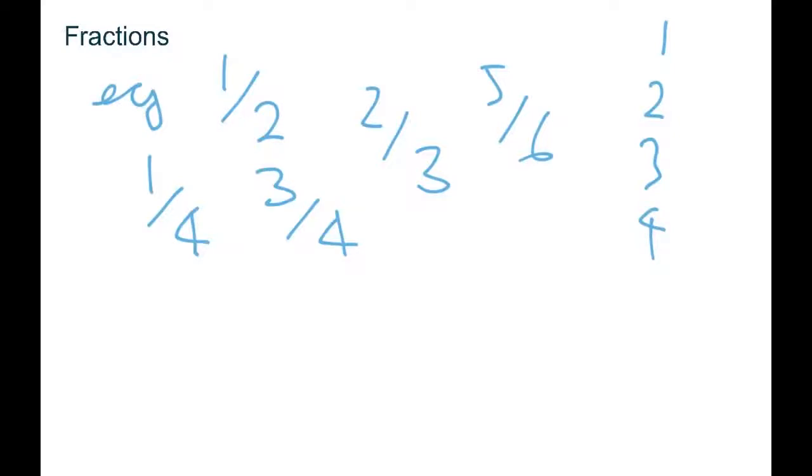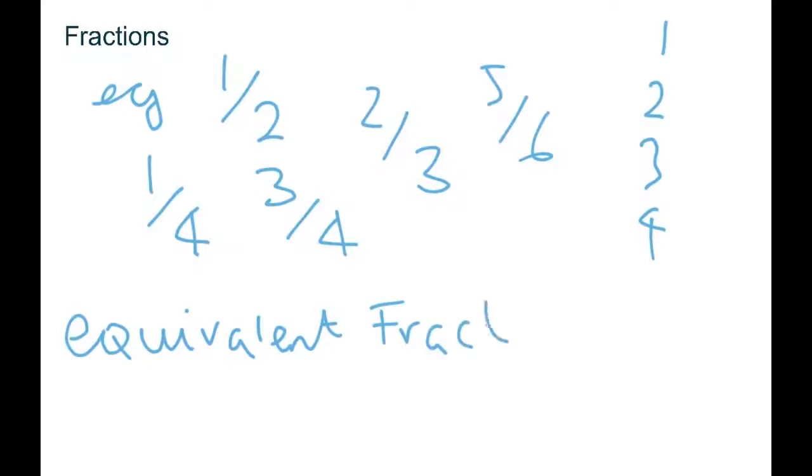We then have something called equivalent fractions. So what are equivalent fractions? Well, equivalent fractions are, as the name suggests, the same fractions. These are fractions that look different, but they show the same amount.